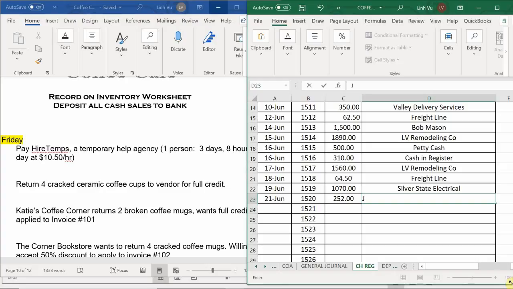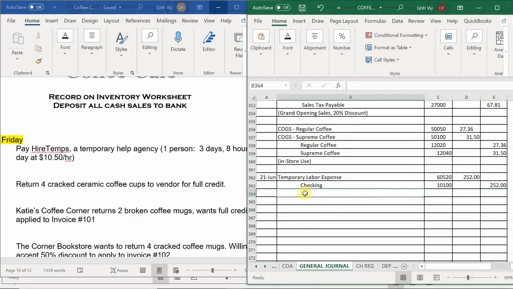Hire Temps. Okay, for $252, check number 1520.